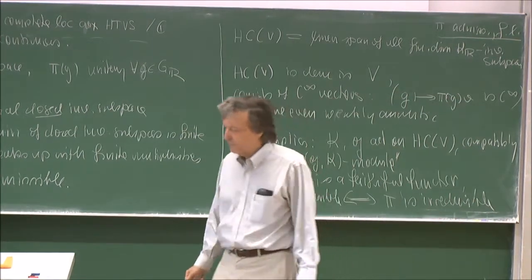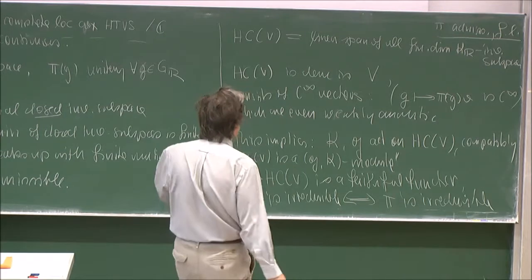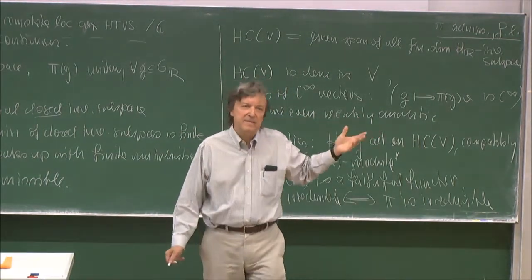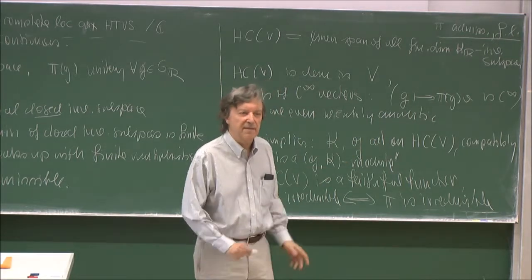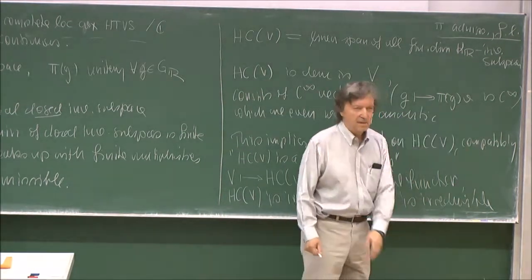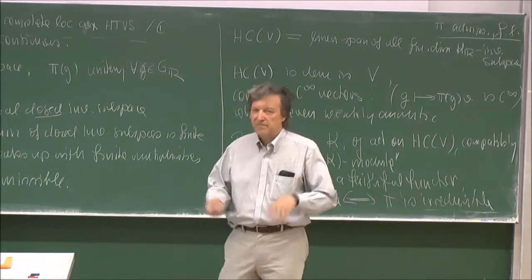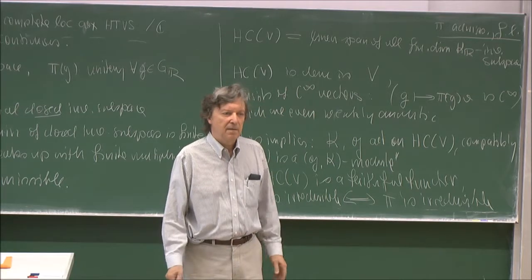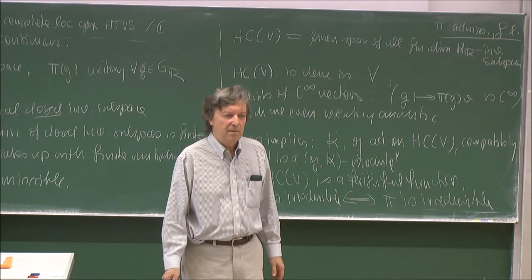So in that, what matters is the weak analyticity. Basically, what this reflects is the fact that the function g goes to pi of g for a vector in HC of V. Is there anything tricky because HC of V is not complete?